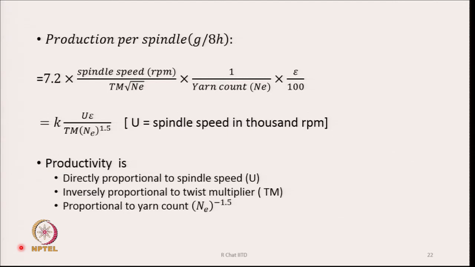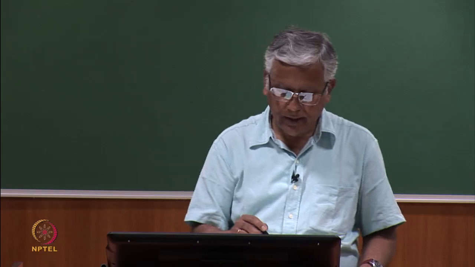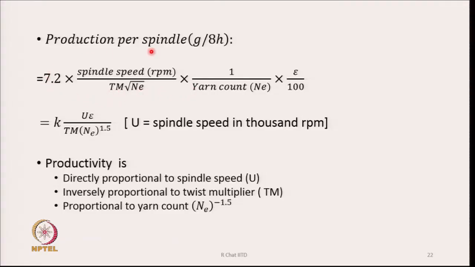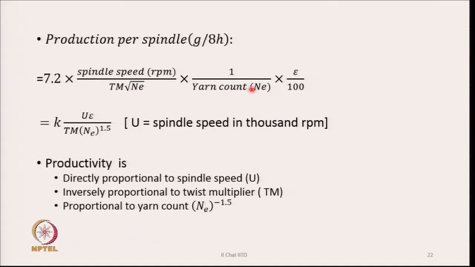Now, if you want to replace TPI by TM into root over NE, then we can write the same formula in a different way, so that you get a complete understanding of how the different parameters are affecting the productivity. Here, TM is here. Now, in this equation you see there are many things which are constant. Spindle speed we write in terms of U, spindle speed in thousands of RPM. Suppose the machine is running at 18,000 RPM, then U in this case will be 18, and yarn count is in NE.